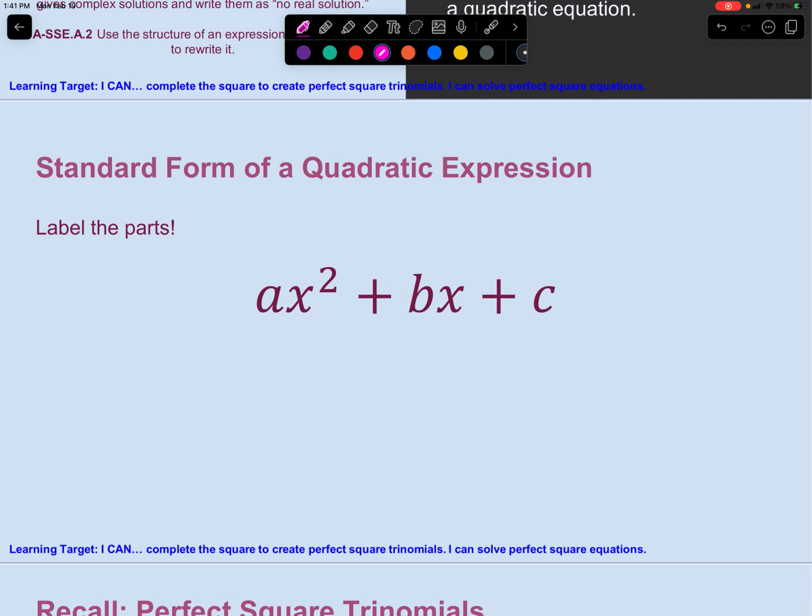So just want to recap here. The square term is our quadratic term. And the A, the coefficient, this is called the leading coefficient, the number that's in front of our x squared. And then our second term is called the linear term.